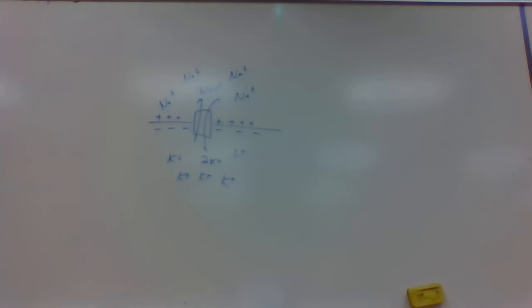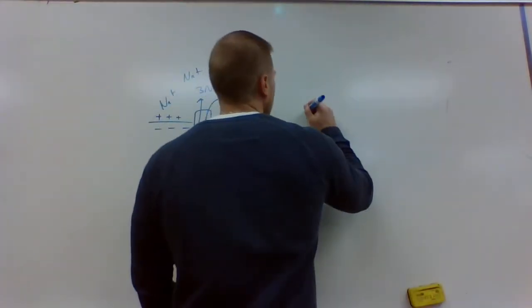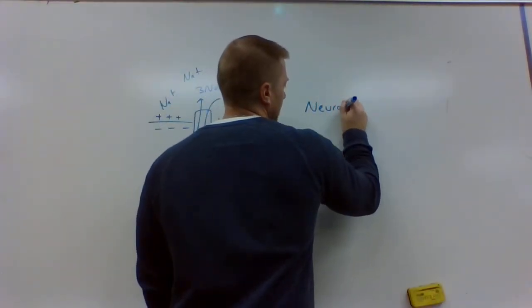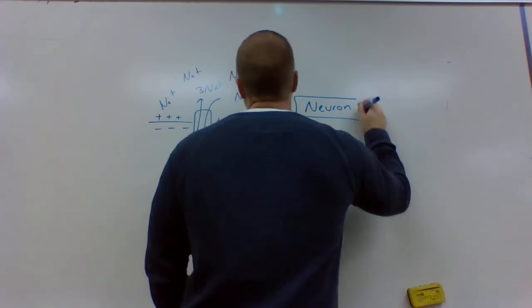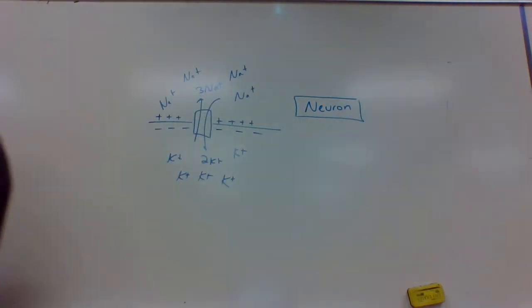Does anybody know the name of the type of cell in the nervous system? What do we call those? It's part of that cell. It's called a neuron. All right, so this is taking place inside of a neuron. We call it the sodium-potassium pump.